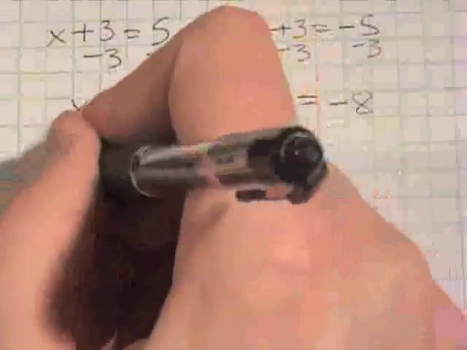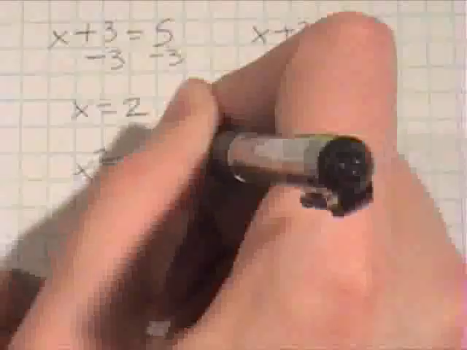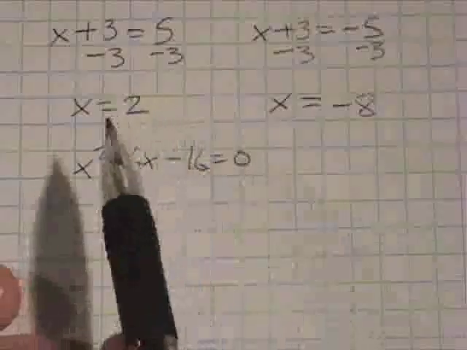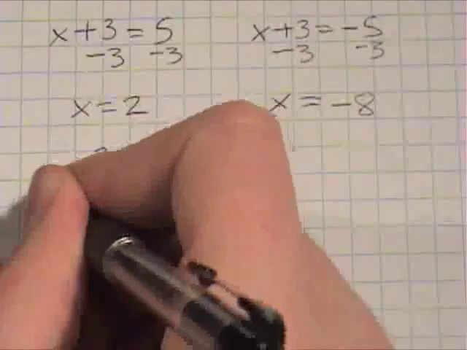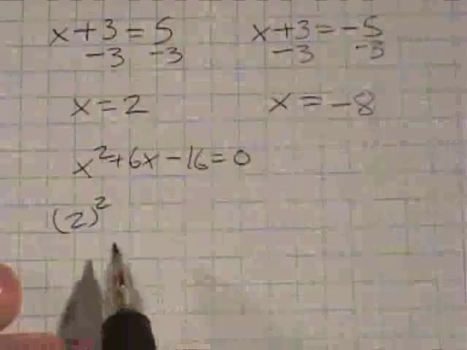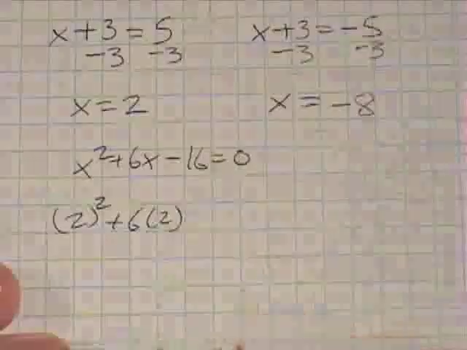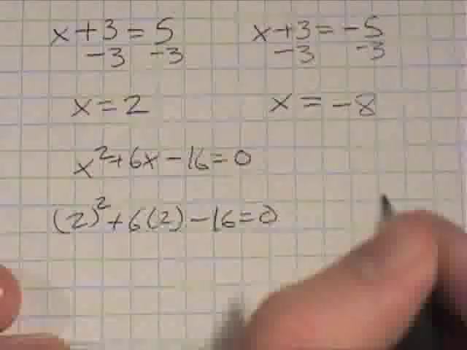So x squared plus 6x minus 16 equals 0. Let's first plug in the 2. So 2 raised to the power of 2 plus 6 times 2 minus 16 equals 0.